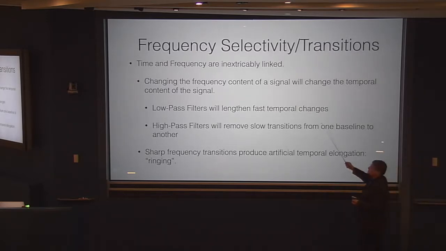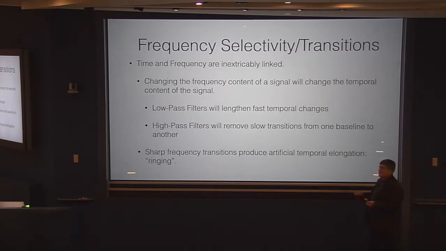As simple examples, if you have a low-pass filter, it's going to lengthen the changes. You might have very, very fast, beautiful transitions, a very narrow peak, and you might like to keep that peak. But if you use a low-pass filter to get rid of your high-frequency noise, then you're going to take that peak and make it a little bit longer, because that's how low-pass filters work.